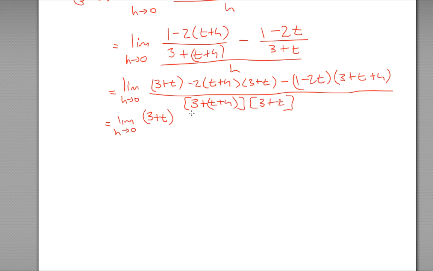So this is 3 plus t, and then it's minus 2, and then let's expand this out. t times 3 is 3t, 3t plus t squared plus 3h plus th.